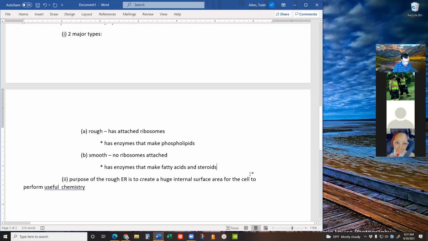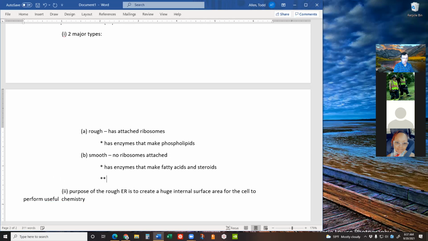There's one more thing I'll mention to you about the smooth endoplasmic reticulum. It is one of the things we typically tell students about. If your body is exposed to potentially harmful materials that you've ingested, then the cells of your body will try to detoxify, will try to chemically alter those potentially damaging materials so that they don't harm your body.